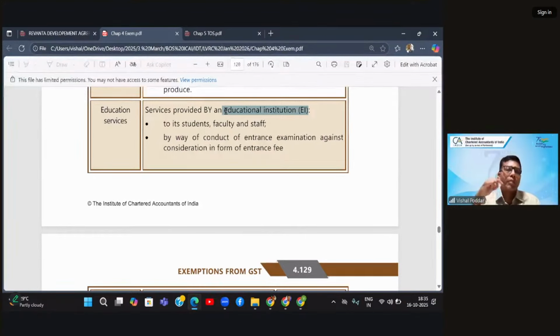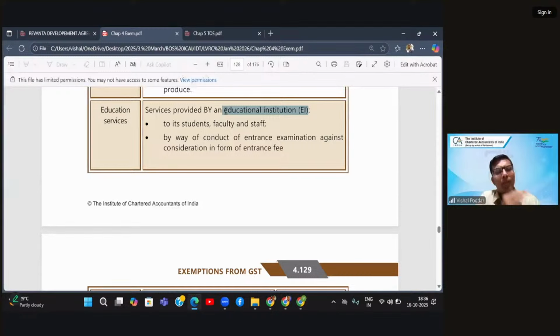However, when we talk about colleges, that is after standard 12, 12th is called HSC. So after HSC, whatever are the degree colleges, over there it is a precondition that these degrees are recognized by the laws of India. So if you are going for a foreign degree course, the fees of that foreign degree is not exempt.